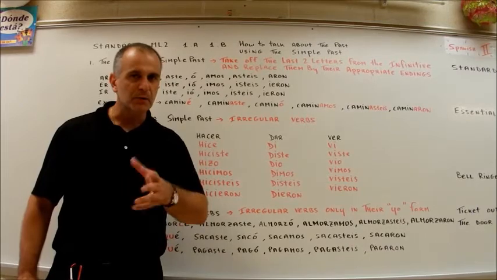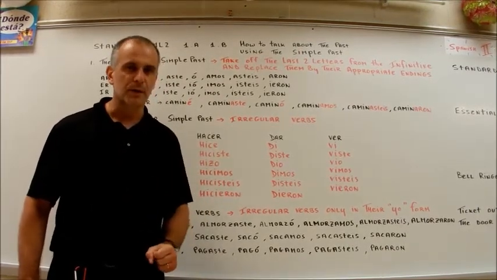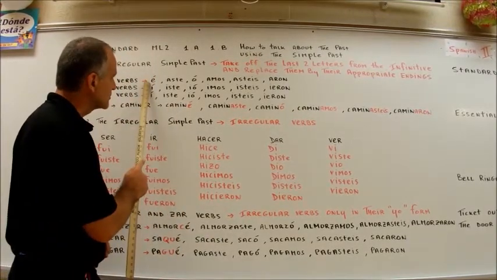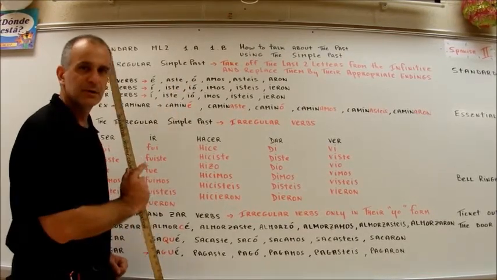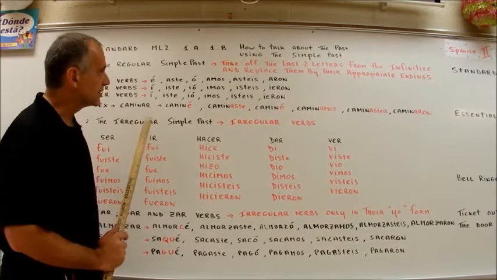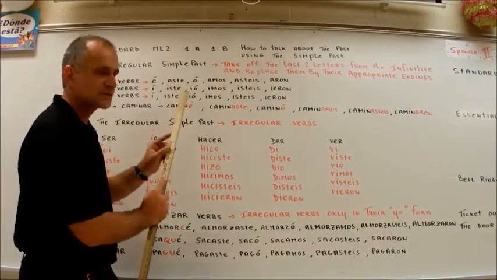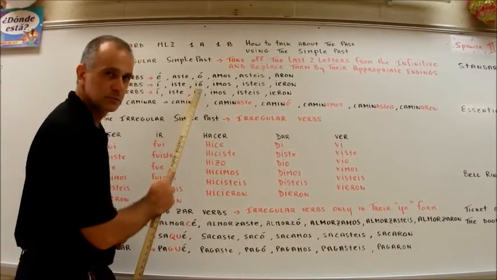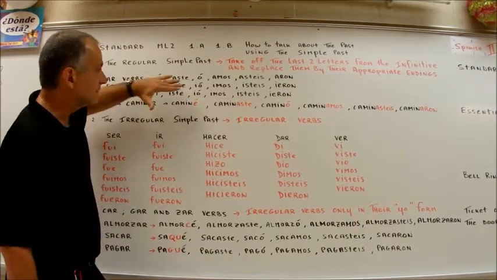So this is about, when we talk about the regular simple past, one thing you must remember, it's a little trick. When you look at the first person singular, the yo form, and the third person singular, note that you will find an accent. One thing that is good to remember is that when dealing with the third singular, he or she, you're going to have the accent on the O. With the ER and the IR verbs, you're going to have IÓ.